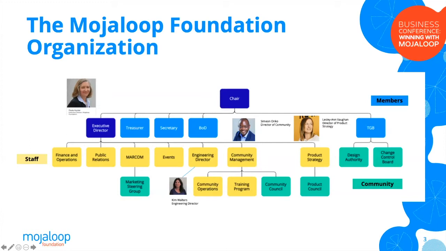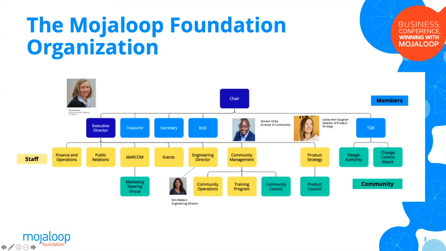We also have staff to keep the operations running, to pay the bills, to provide marketing and public relations services. We have other volunteer organizations such as the Marketing Steering Group that provides input to our marketing team about what's important for sales tools, awareness, other activities that we should participate in, whether it be events or speaking engagements.